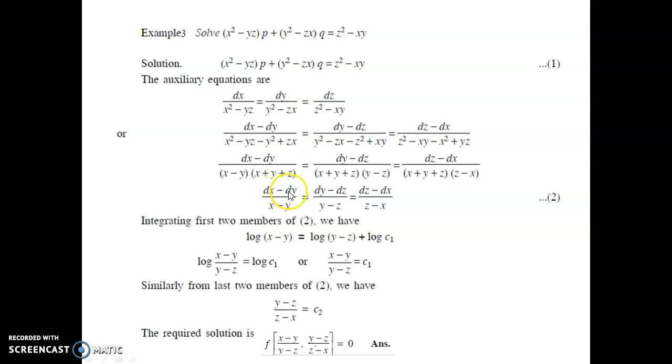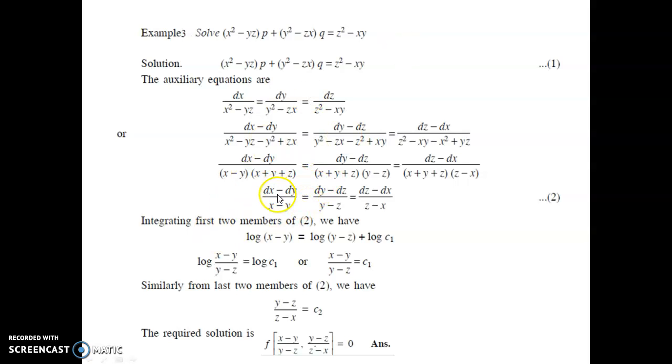This dx minus dy can be written as d of x minus y, the differential of x minus y divided by x minus y. Similarly, the differential of y minus z divided by y minus z, and the differential of z minus x divided by z minus x. If you put x minus y equal to t, it becomes dt by t, so the integration will be log t.